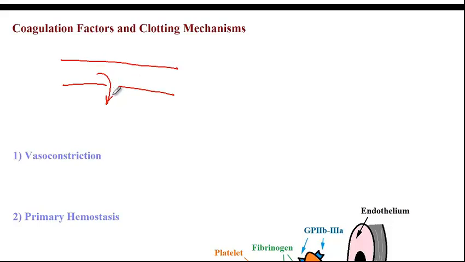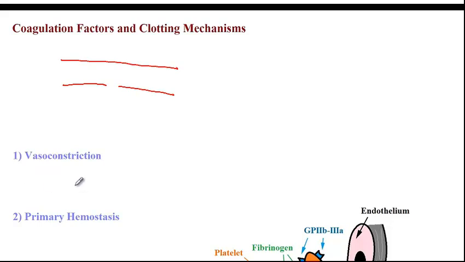There are different mechanisms that will be initiated, and these are usually initiated by the endothelial cells. We discussed how endothelial cells are not only essential for nutrient and gas exchange as well as formation of new vessels, they are also important for activation of the coagulation and clotting mechanisms. And so there are multiple mechanisms to stop bleeding.